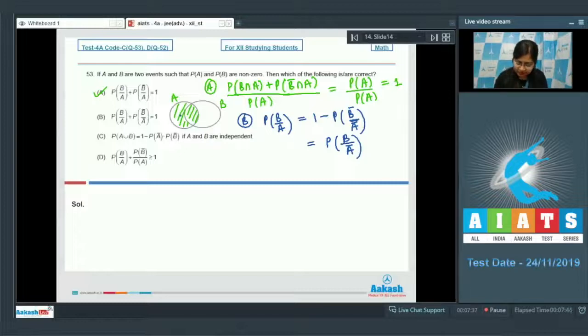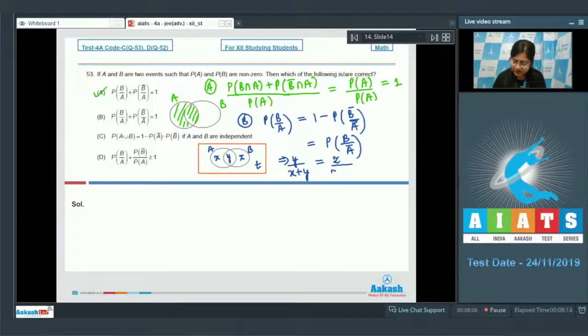Now let us say these are the Venn diagrams and let us say this is X, this is Y, this is Z and this is T. So probability of B upon A, that is probability of B intersection A divided by probability of A. This is equal to probability of B intersection A bar, that is Z upon probability of A bar, that is Z plus T, which gives us YZ plus YT equal to ZX plus YZ. These two will get cancelled. So we have from here YT equal to ZX.